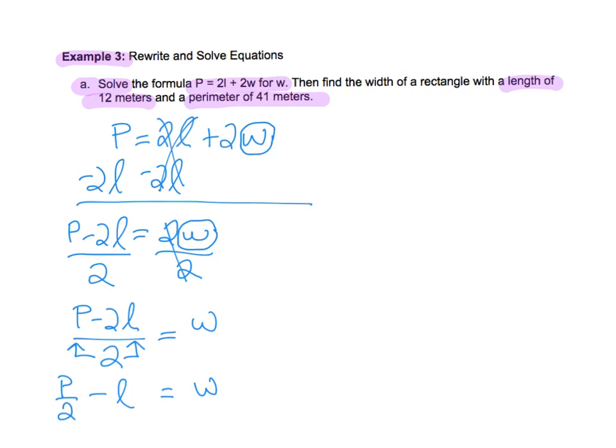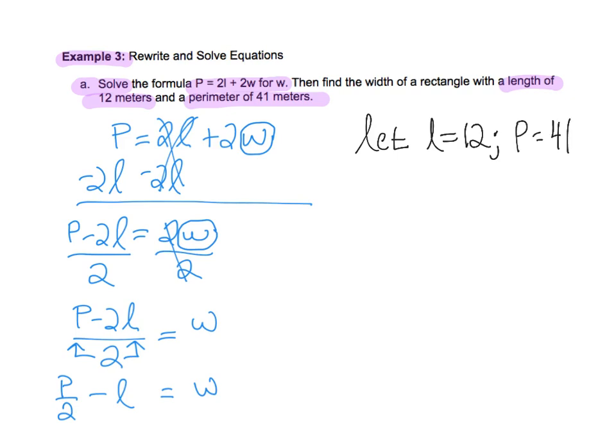Okay, so we have to now let the length equal 12, and I have to let P equal 41.